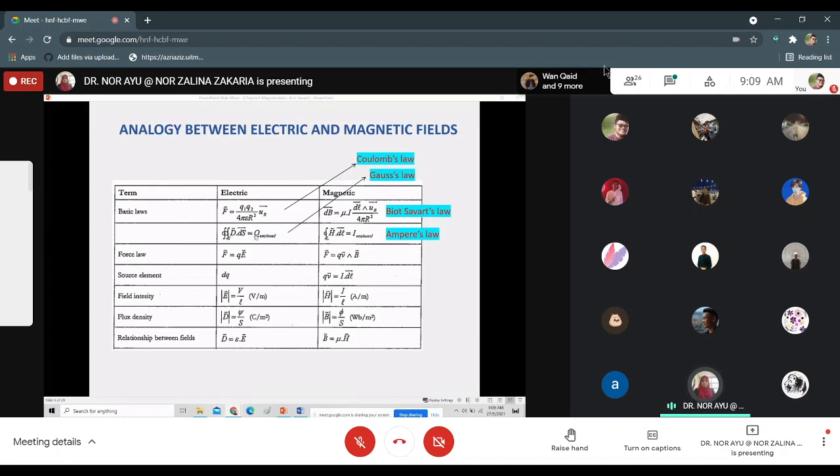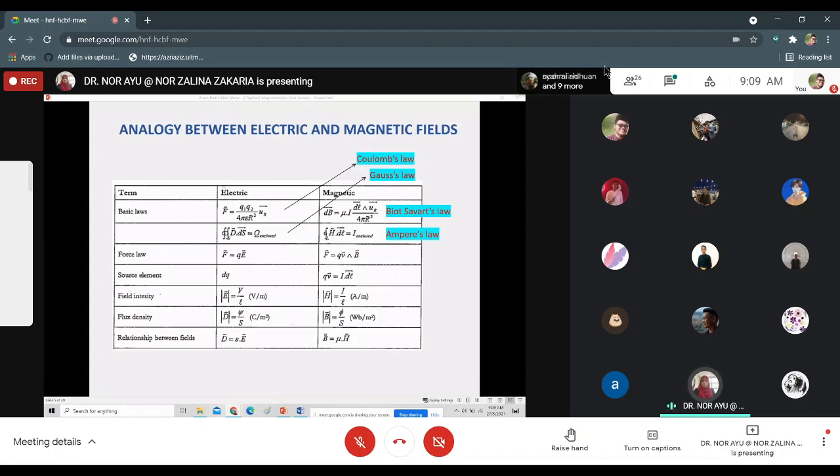But for the magnetostatic, we have what we call Ampere's law. You can see here Ampere's law is that the integral equals I enclosed. So it's similar to Gauss law. If you look here, D.ds and this is H.dl, because this is for magnetostatic with current distributions.